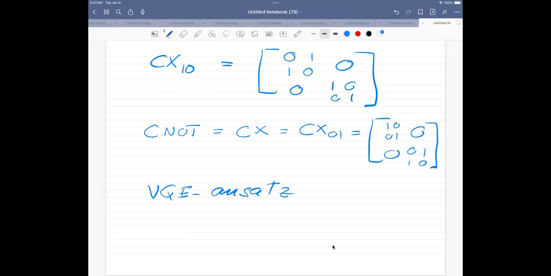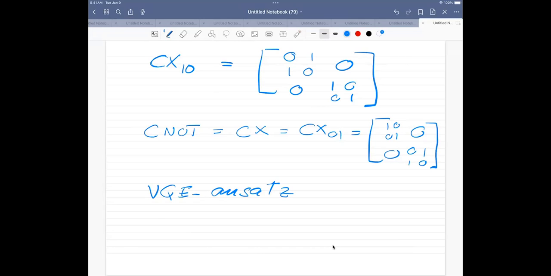And one way which is often used, and you will see that in the article by Tilly et al., is to rotate the 2 qubits individually and then to entangle them through a CX gate or any other operation which can entangle 2 qubits. So you can do the ansatz.